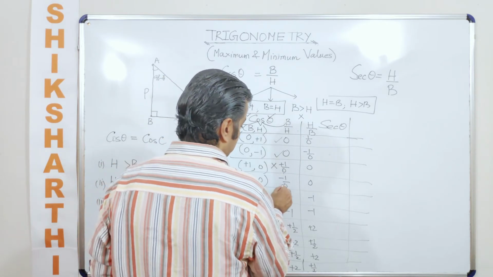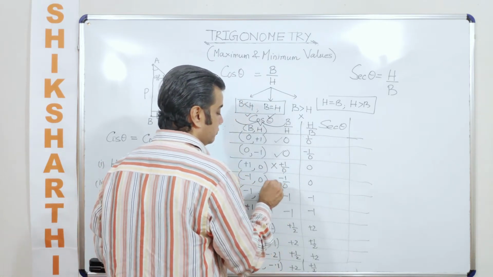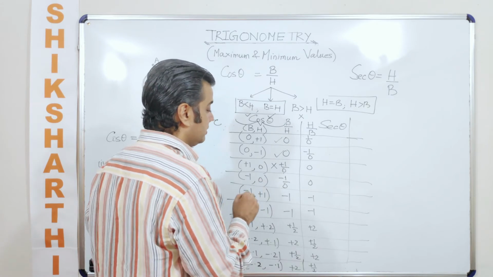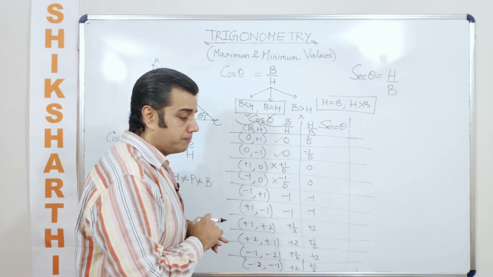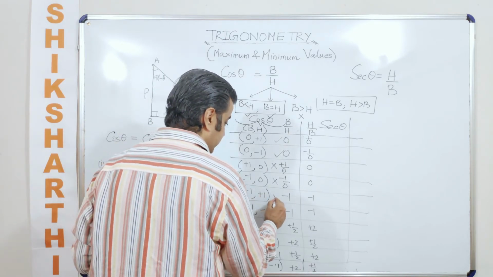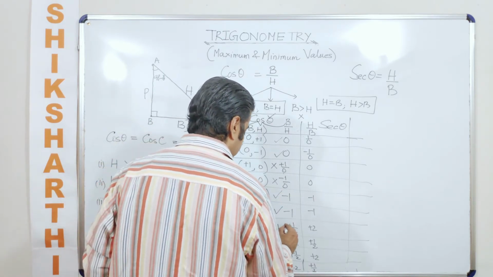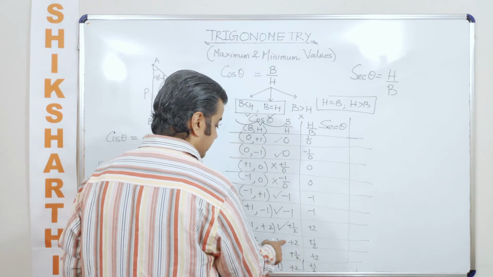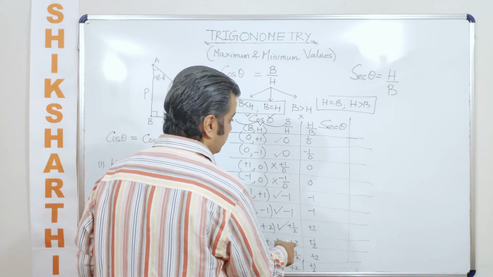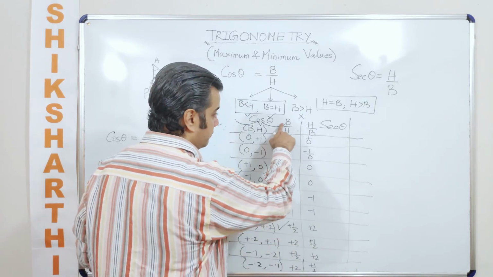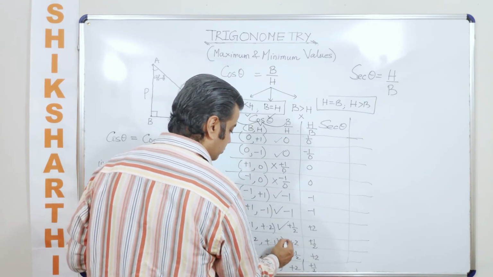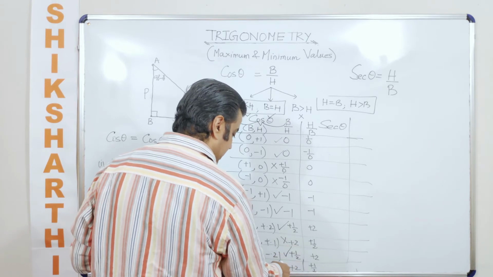Okay. Now, then you would say that minus 1 by 0, why are we not considering this? Because minus 1 is greater than 0. Because now in this case, you will say it is an indeterminable form. Now here, minus 1, yes. Minus 1, yes. Plus 1 by 2. Here, now when we are saying this is plus 2, you need to understand it as plus 2 divided by plus 1. So where the base cannot be greater than the hypotenuse. Here, yes. And the same reasoning here.